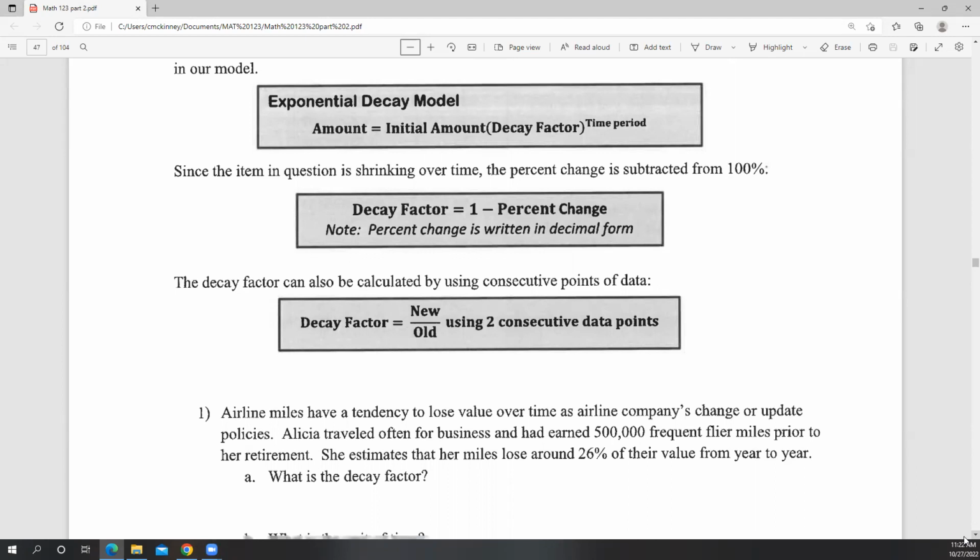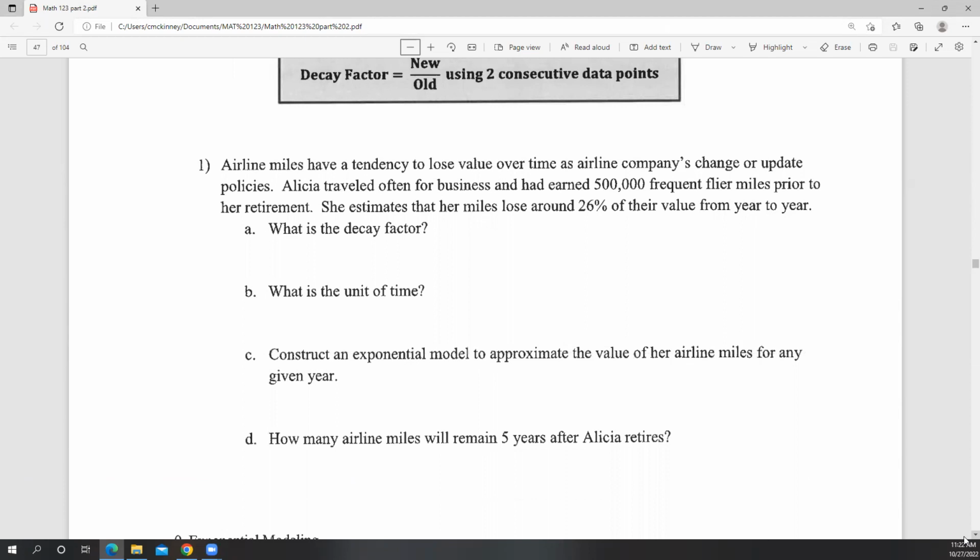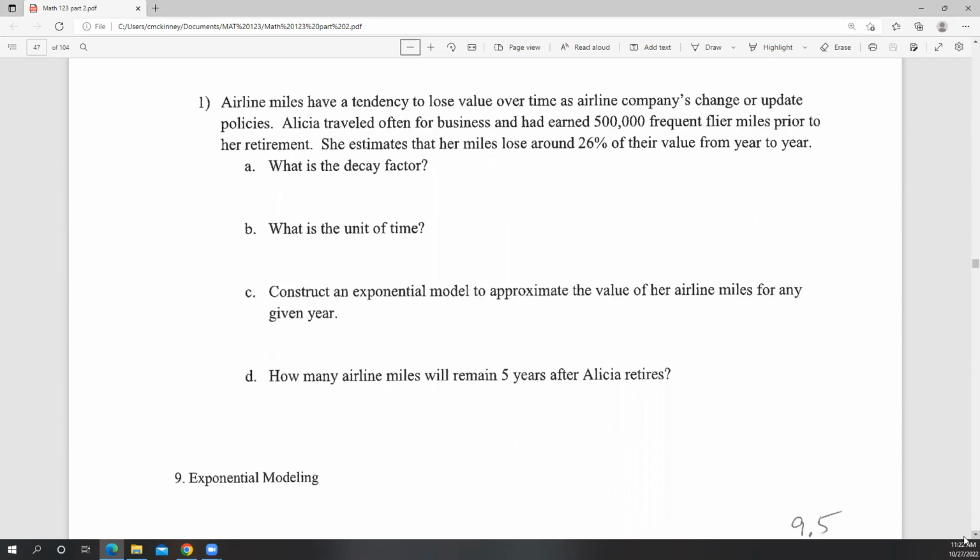And then what I wrote on the board is generally the rule: we start with that initial amount, that's like our starting point. And then it's either 1 plus or minus. If it's decay, it's going to be minus some percent. And then the time is the exponent.